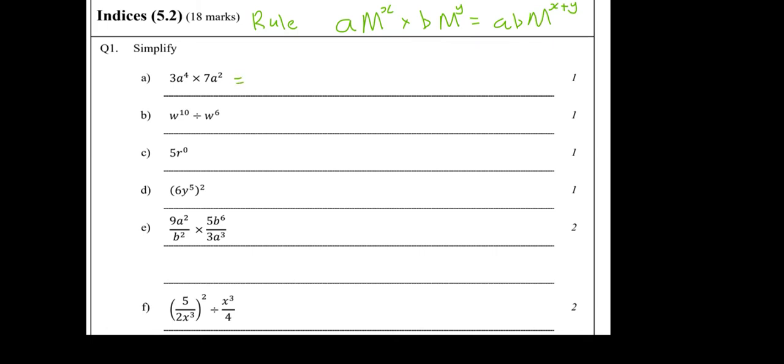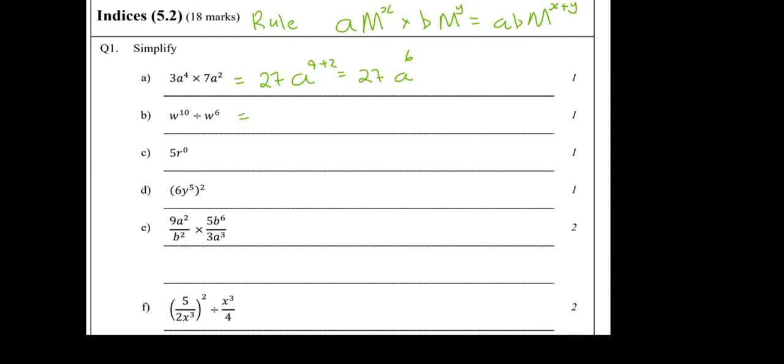So using that principle, 3 7s are 21, and we add the powers. So we've got a to the 4 plus 2, which is a to the 6.